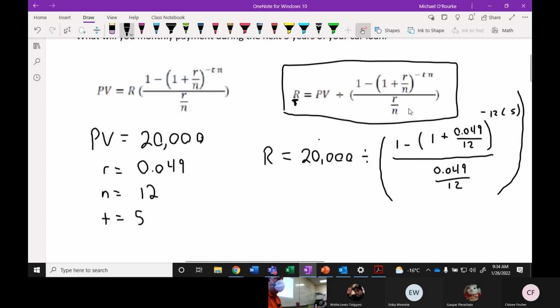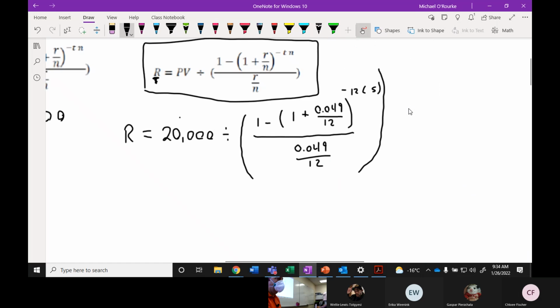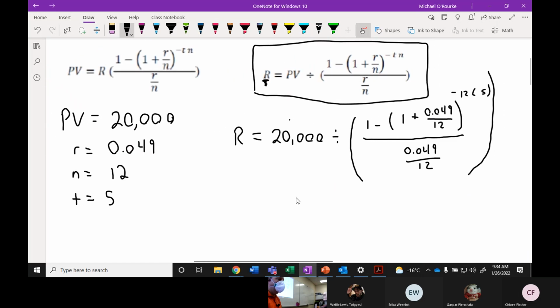So what I would do, Owen, since you're interested, if I were doing this calculation, I would do this calculation first with this here, okay?